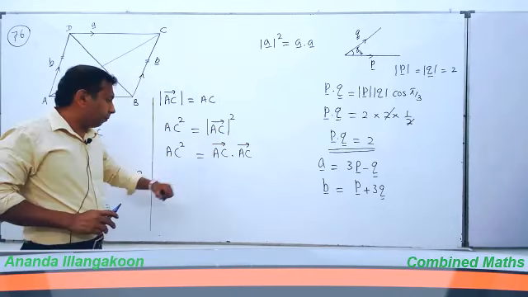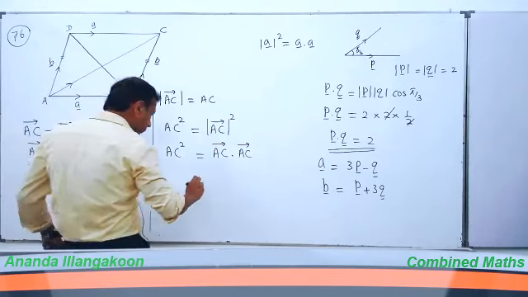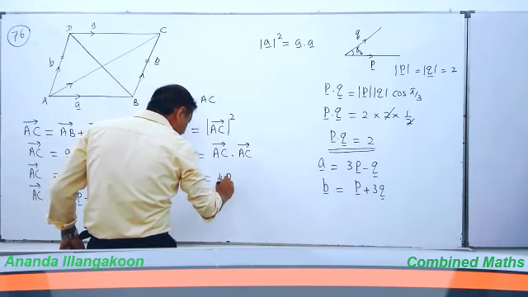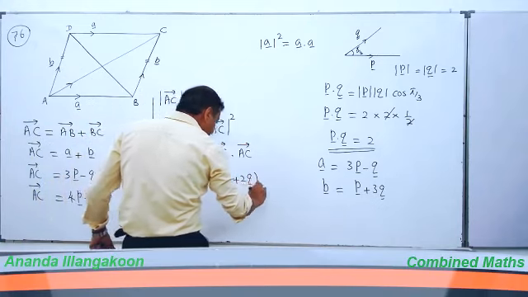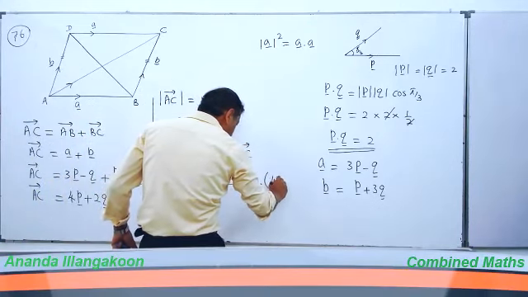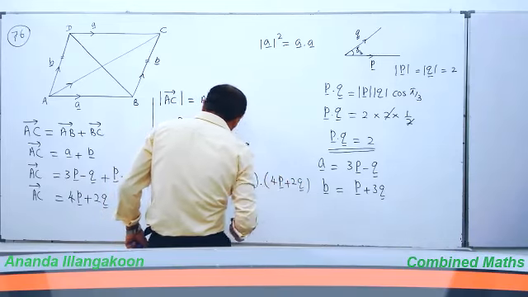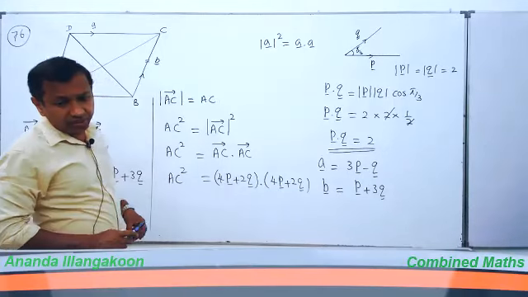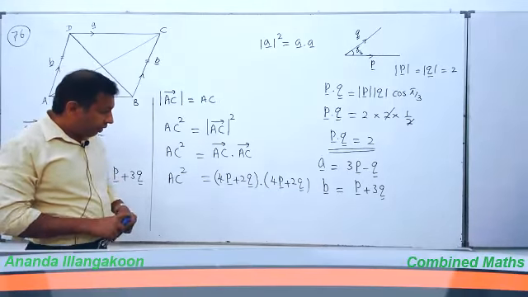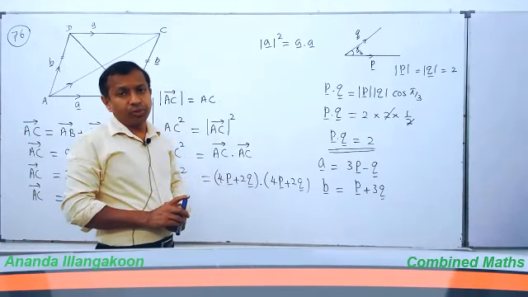But what is AC vector? It is 4P plus 2Q, dot 4P plus 2Q. This is AC squared. Now another little work you have to do: remove the brackets by using the distributive law.